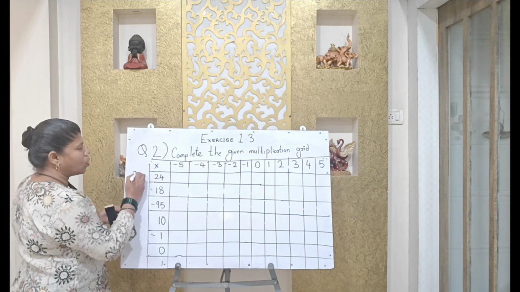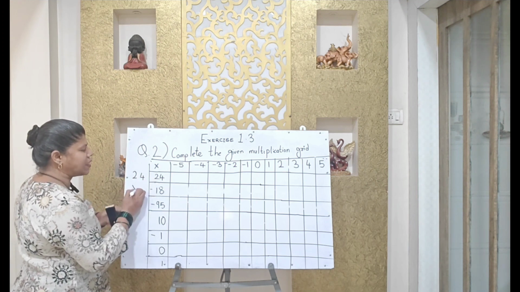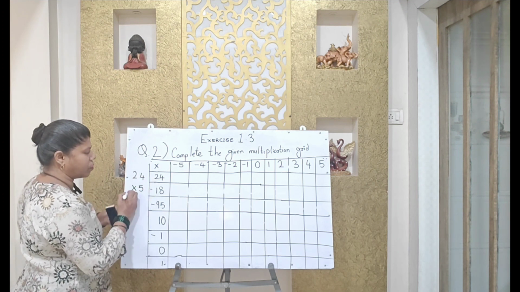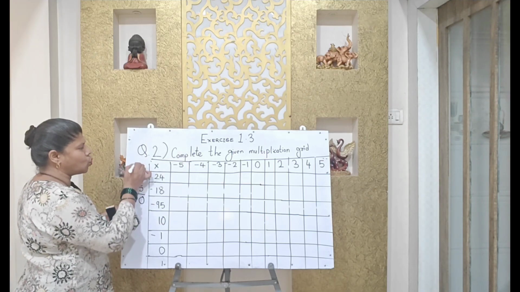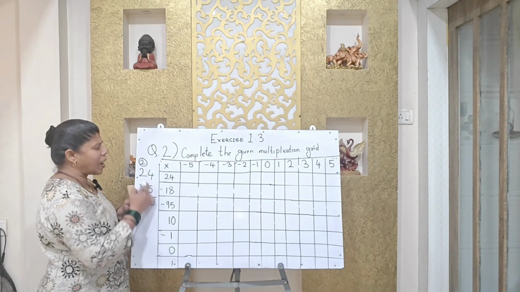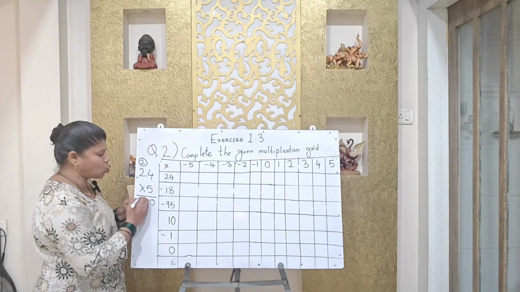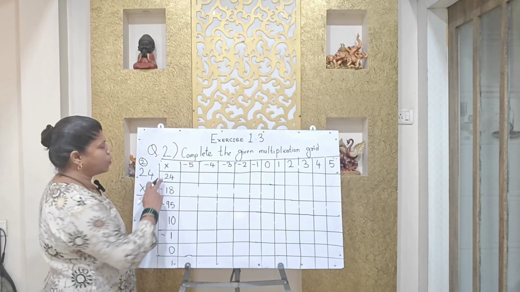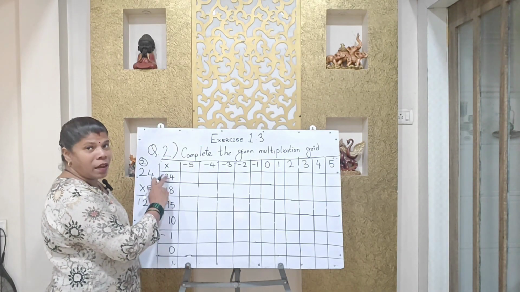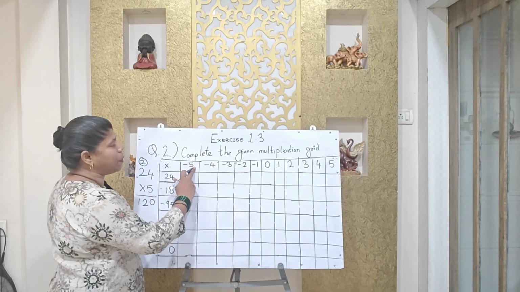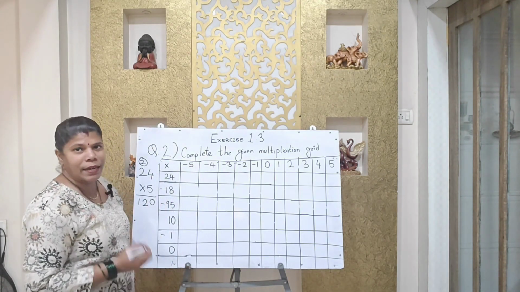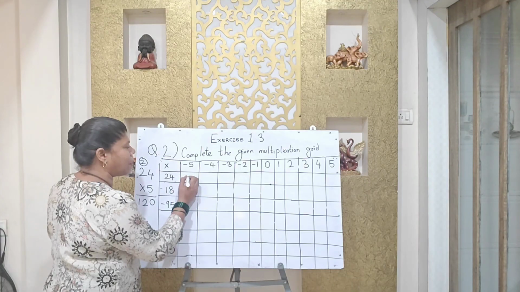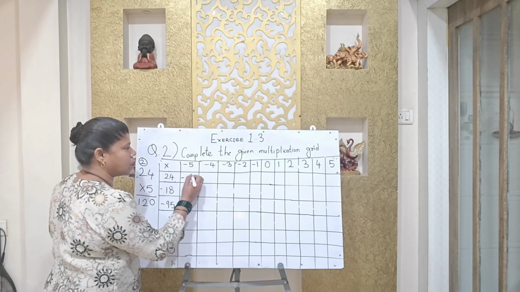So here, 24 multiplied by 5. 5 fours are 20, 0, carry 2. 5 twos are 10, 10 and 2, 12. Now here, the multiplier is positive and the multiplicand is negative, so opposite sign, negative. So the answer is minus 120.